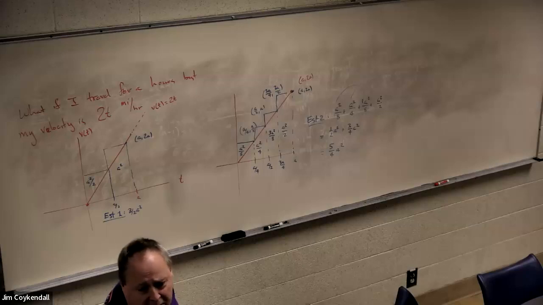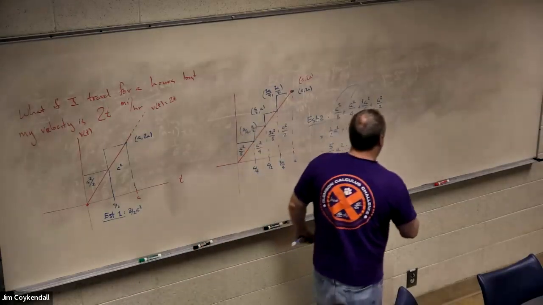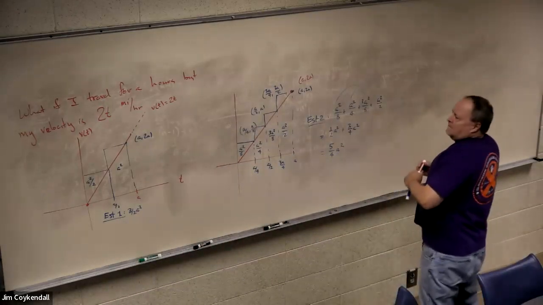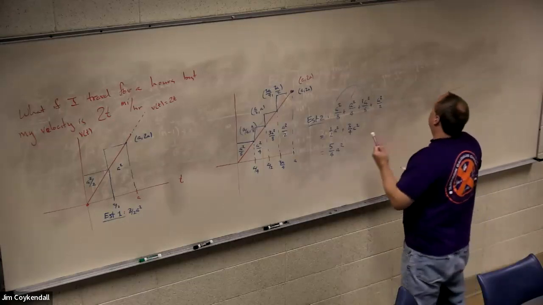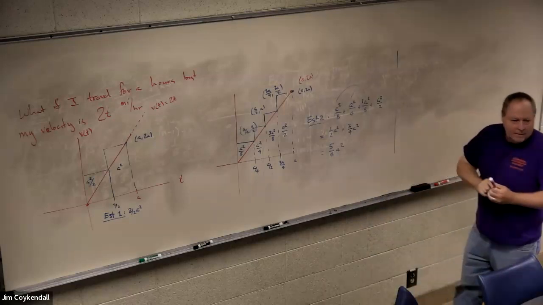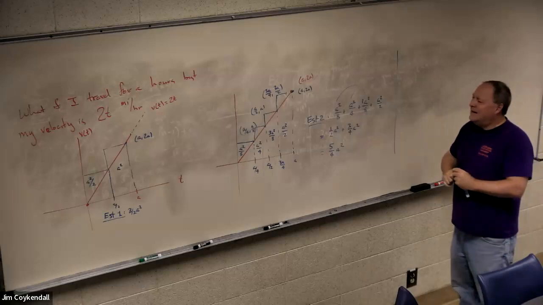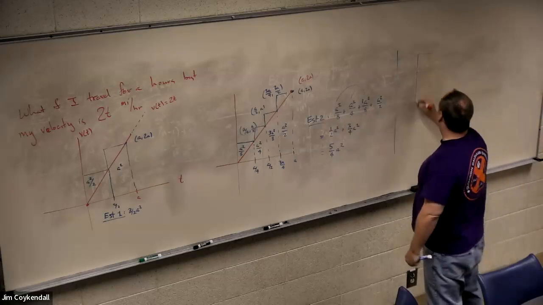I can do this 8 times, for example, right? Yeah. Let's do that. Let's do this a whole bunch of times, right? Any ideas on how to do this a whole bunch of times?